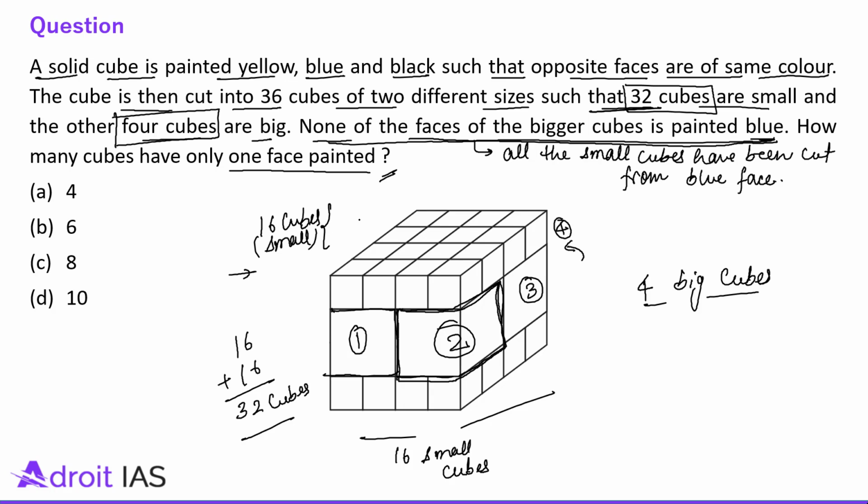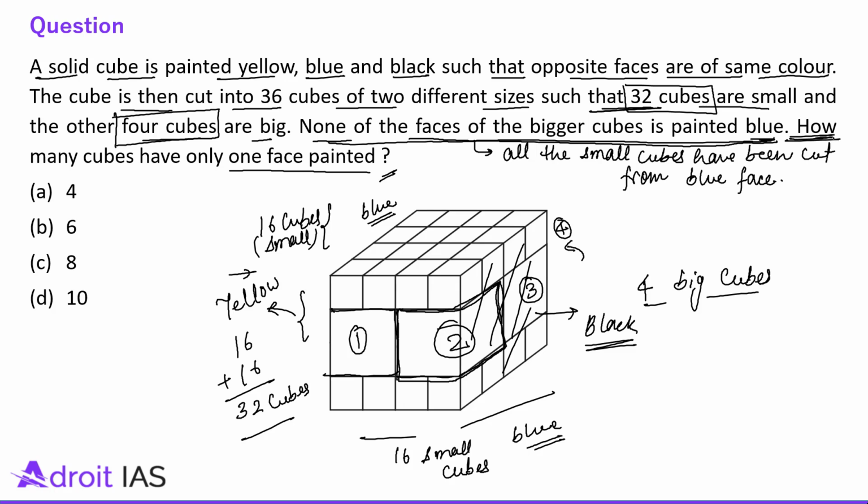So it means this top face will be blue, and if top is blue then bottom will also be blue because the same colors are on opposite faces, right? So let's say this is yellow and this side face, let's say this is black, right? Now the color does not matter because we almost have cracked the question, but anyways we need to find the color also. Fine. Anyways, let's talk about the question.